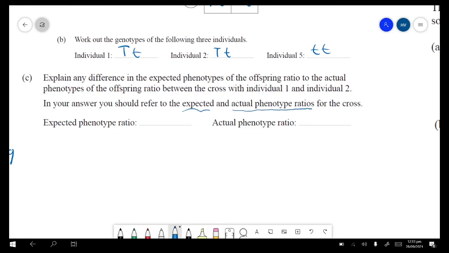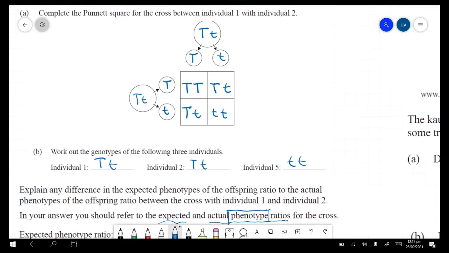So in your answer, you're going to have to tell me what is a phenotype. Remember, because we need to define that. And then also what is an expected phenotype ratio. So let's look at our expected phenotype ratio. So an expected phenotype ratio would be 1 normal to 2 carriers to 1 cystic fibrosis sufferer.